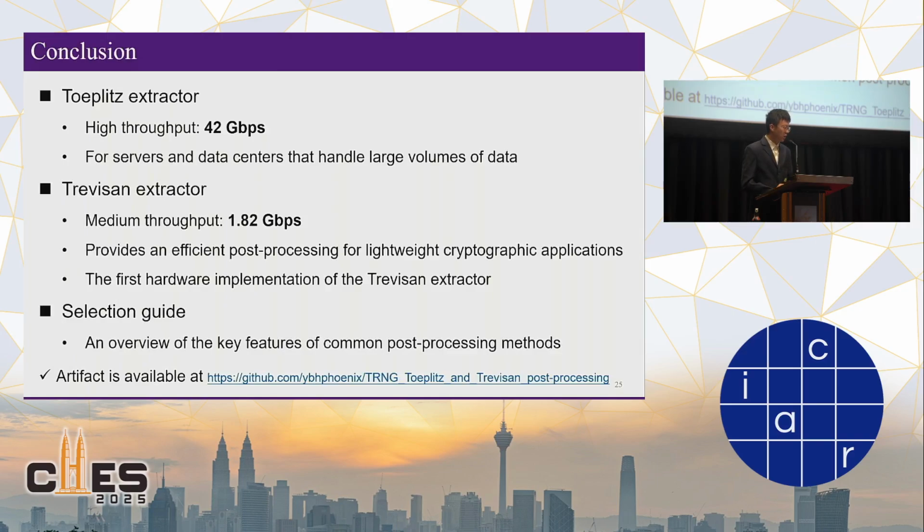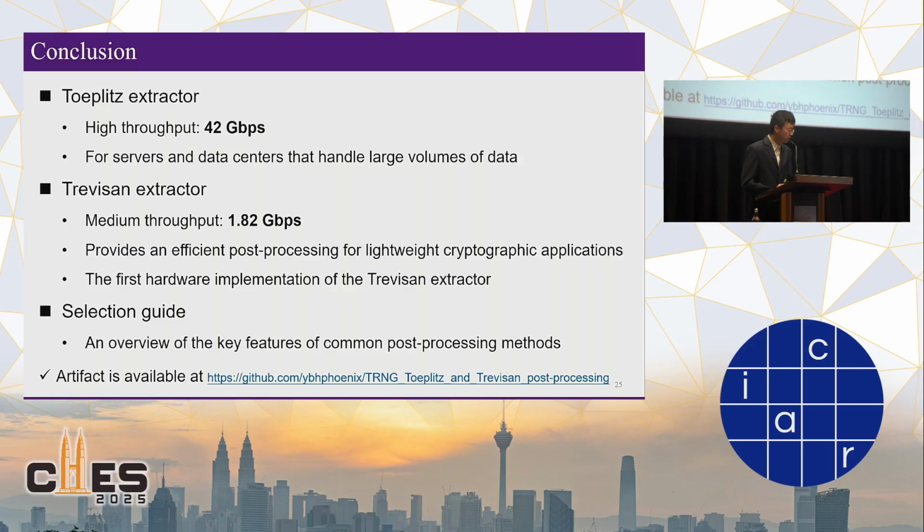In this work, we implement two high-performance entropy extractors with a broader application range. The Toeplitz matrix has a high throughput of 42 gigabits per second, which is ideal for data centers where speed is the most important factor. The Trevisan extractor gives a throughput of 1.82 gigabits per second.